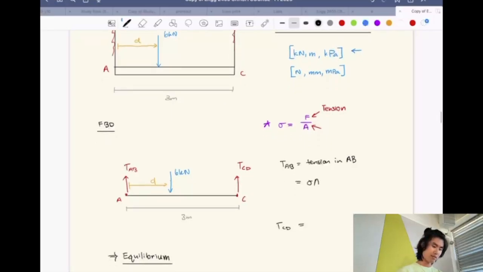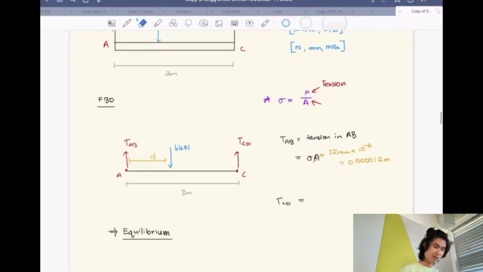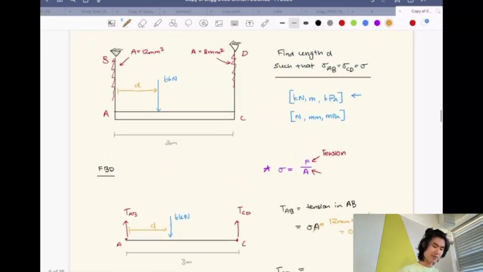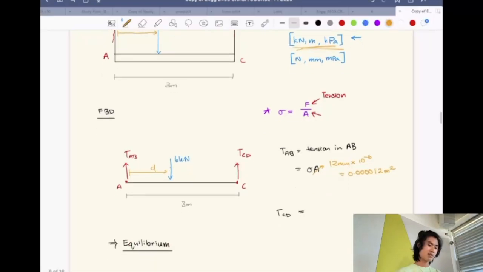Yeah, sigma A, which is just going to be 12 millimeters squared times 10 to the negative 6. Sorry, meters squared, because we're going to convert it to meters. So this is in millimeters squared, we're going to convert it to meters, so we're going to stick to those units. That's why I've multiplied it by 10 to the negative 6.